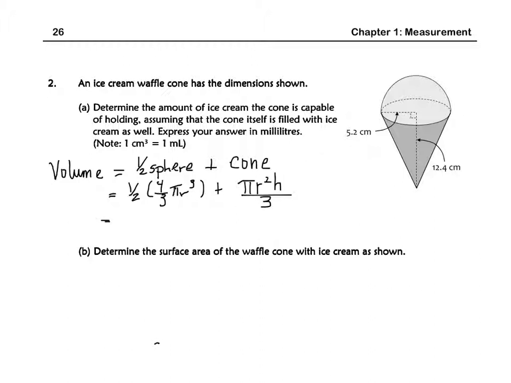So this would give you a half times 4/3 again, which is going to give you 2/3 pi times the radius, 5.2 cubed, plus pi times 5.2 squared times the height, 12.4, divided by 3.